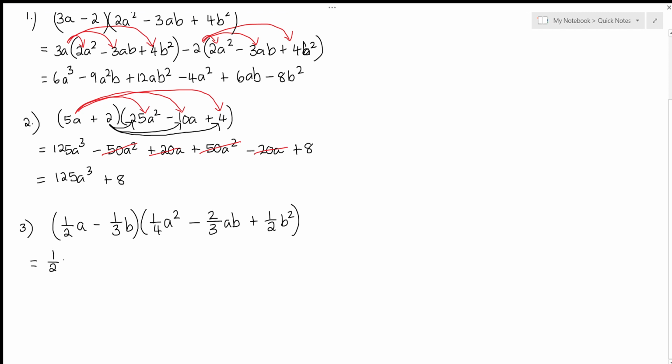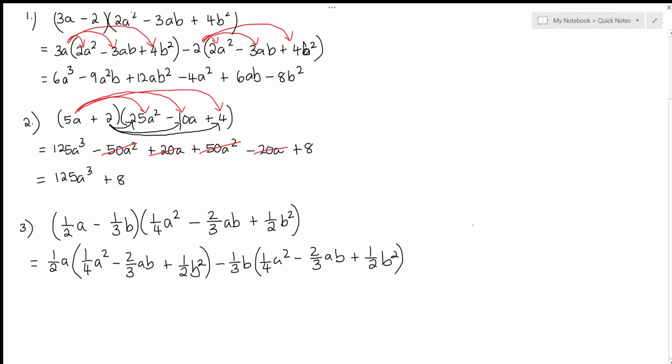So we have a half a multiplied by a quarter a squared minus 2 over 3 ab plus a half b squared. Then we take the second term of the binomial, which is a third b, and multiply it by each term inside the trinomial.